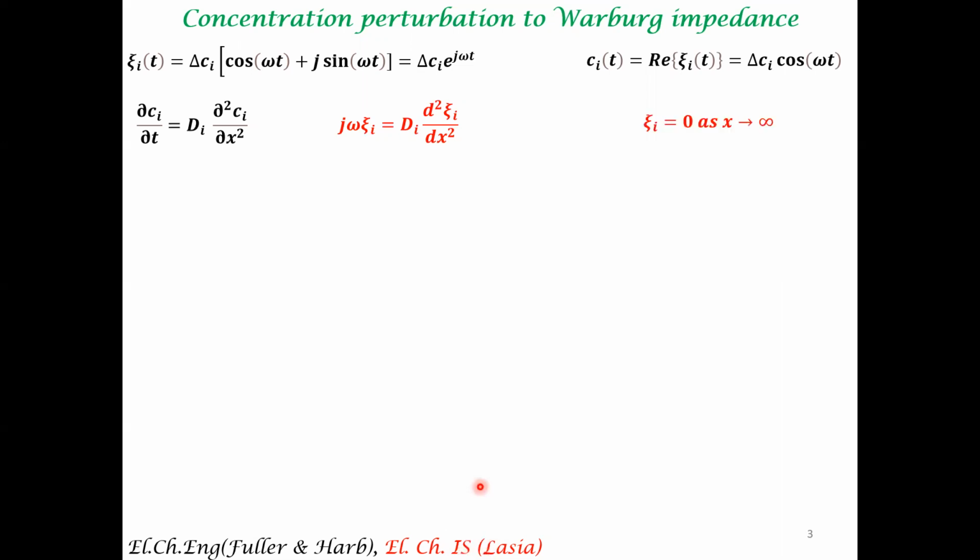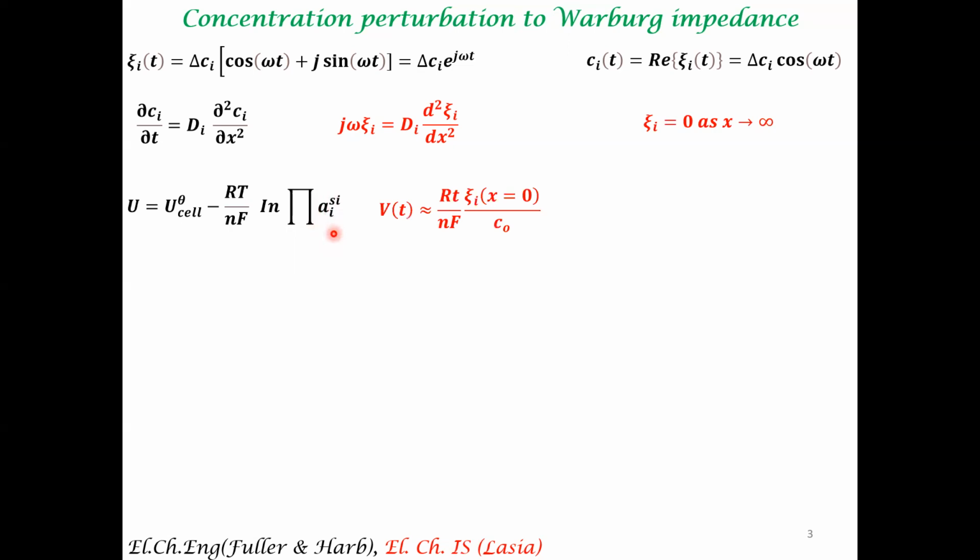So the relevant boundary conditions are the usual boundary conditions. That is the concentration variation as x tends to infinity is 0. And then we are going to assume kinetically reversible systems. So the activation barrier for electron transfer is very small. So just knowing the potential variation, we can know the concentration near the electrode surface.